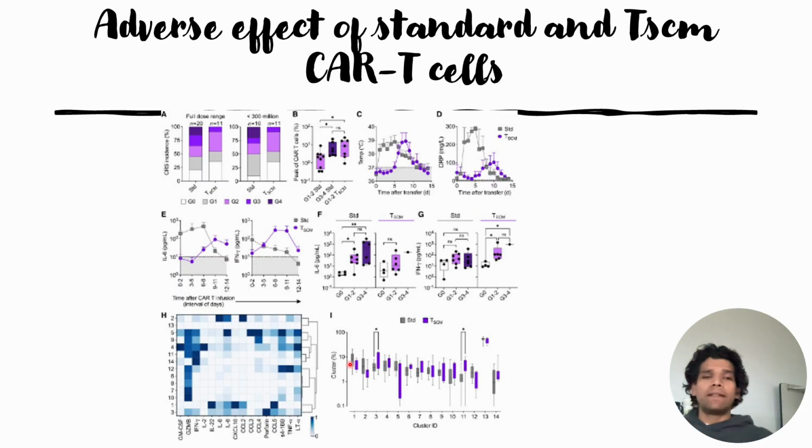So this further validates their previous finding that IL-6 drives the inflammations in the standard CAR-T cells, and IFN-gamma drives the inflammations in the TSCM based CAR-T cells. Overall, they wanted to make the point that TSCM based CAR-T cells have less adverse effect compared to the standard CAR-T cells for a similar dose. So this is what they finally conclude from this figure.